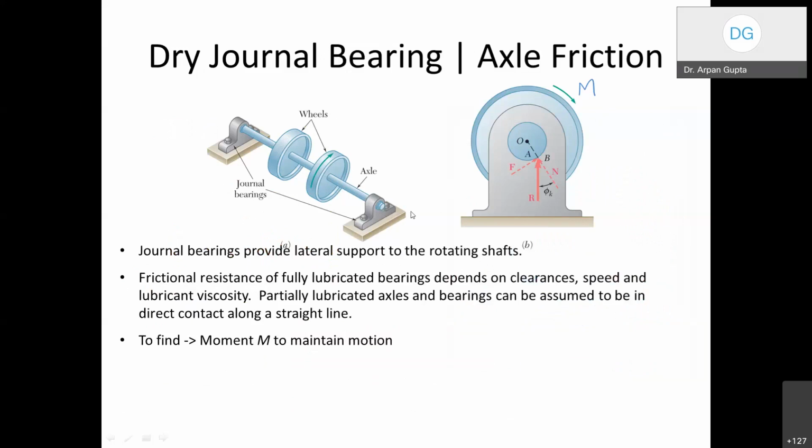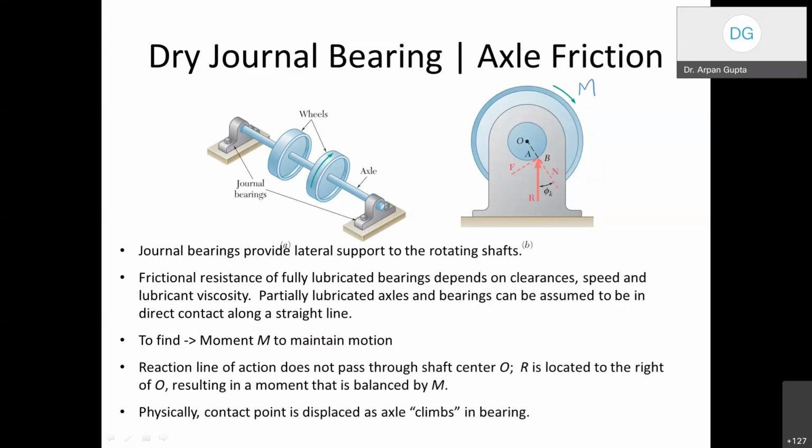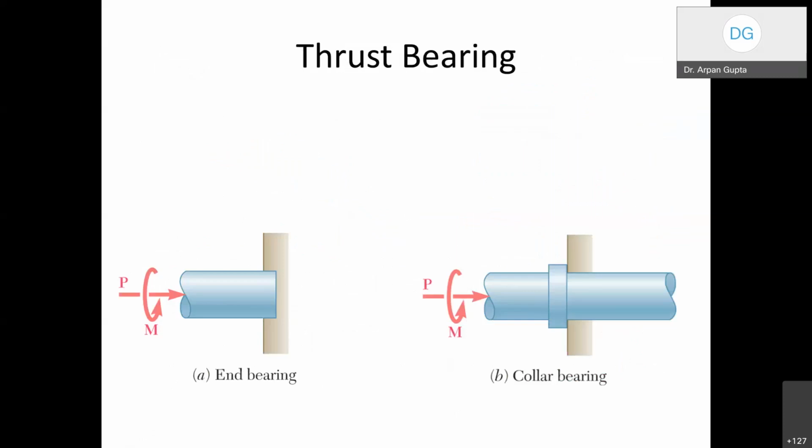And in such a case, we will need a force along the axis of the shaft. And that is what thrust bearings do. So in the case of thrust bearing, we need a force along the axis of the shaft. We want to support the shaft along its axis.